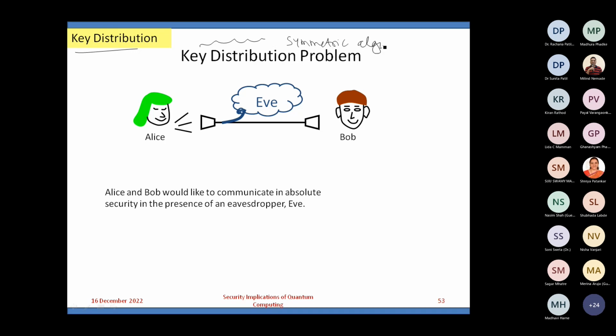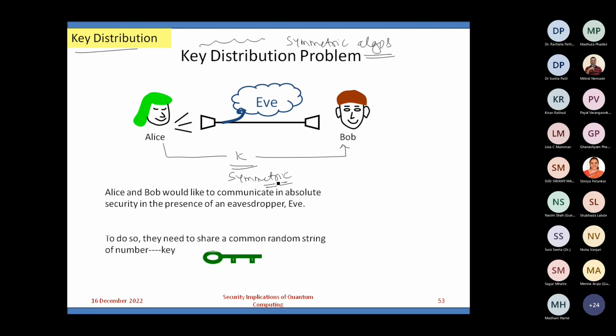In symmetric algorithms, what is the challenge? How do I share the common key between the two communicating parties? The common key should be shared between Alice and Bob such that the communication can happen in a symmetric manner, or a symmetric encryption algorithm.